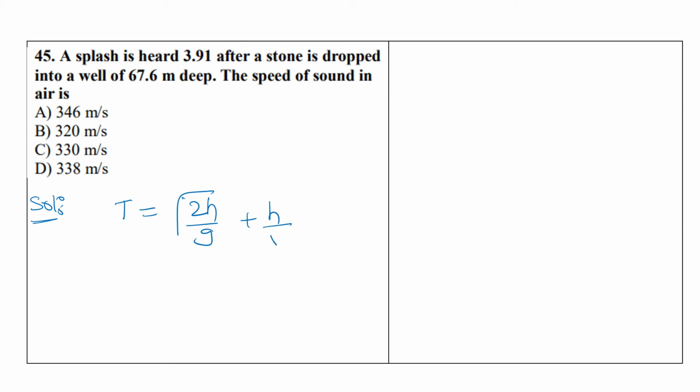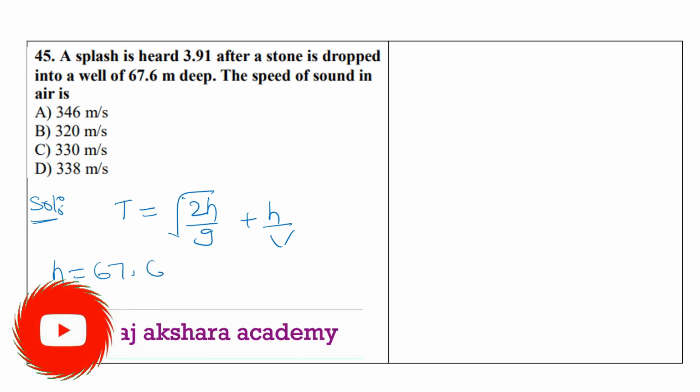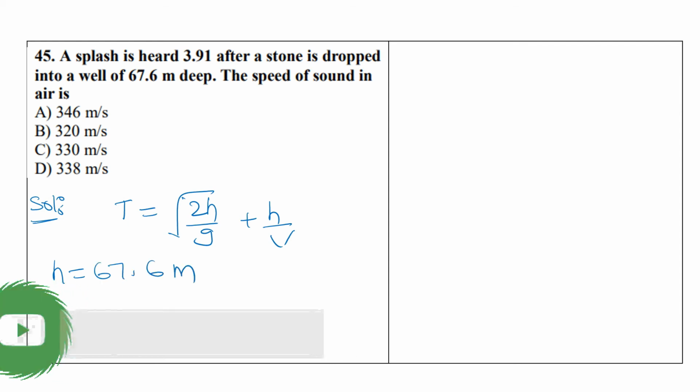So from this relation we have to find the v value. So t is equals to root 2h by g plus h by v. They given h is equals to 67.6 meters and t they given as 3.91 seconds.